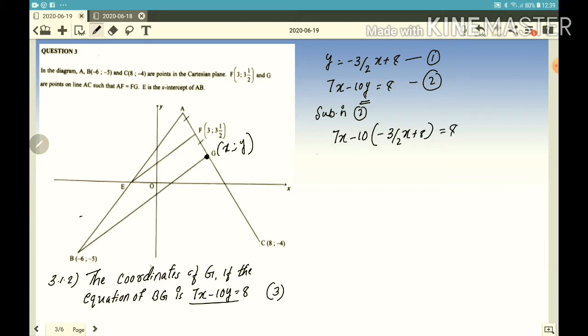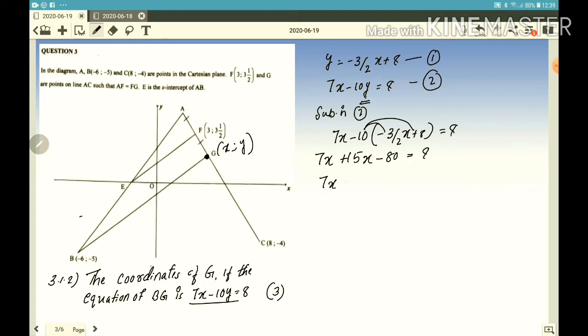Then simplify. That is 7x, open the bracket, with the minus 10 multiplying each term inside the bracket. That is plus 15x, then minus 10 times 8 is minus 80, is equal to 8.